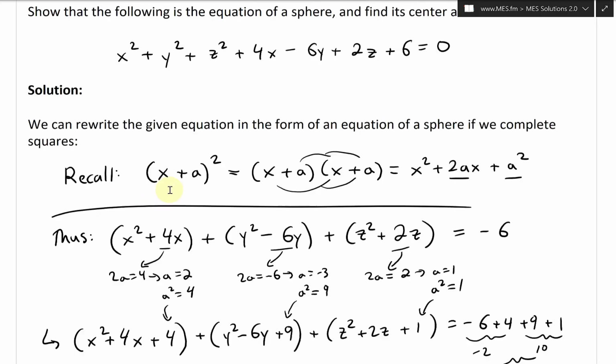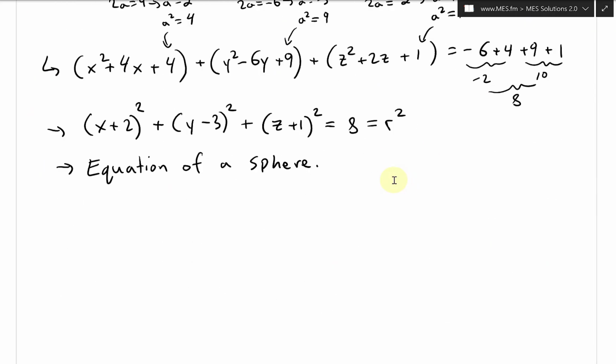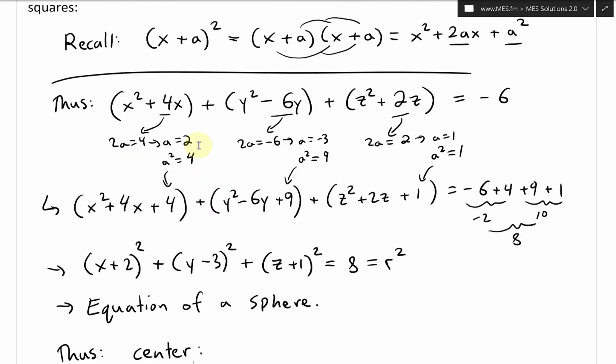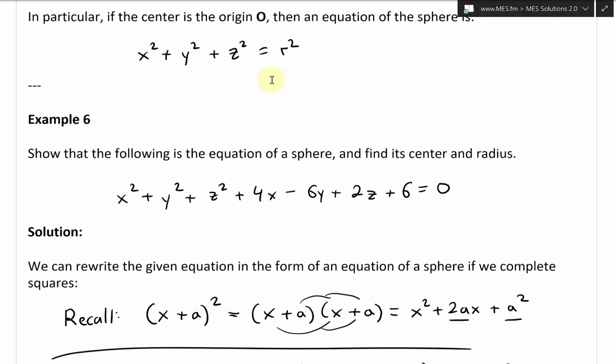All right, so thus, we're asked to find its center and its radius. So this is r squared. So thus, the center is equal to, and remember it's going to be the negative of these. So this is x plus 2. It's going to be the negative, because if we scroll back up to our equation here, negative h, the center is h. Negative k, center is k, and so on.